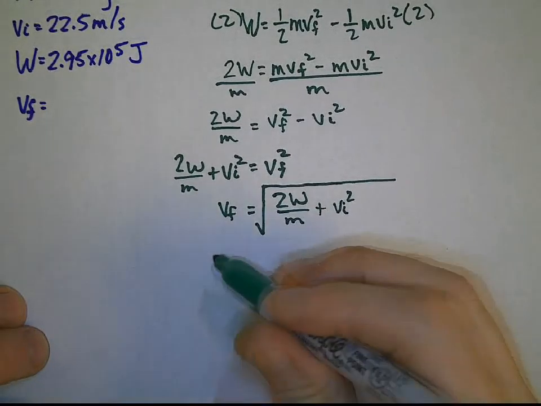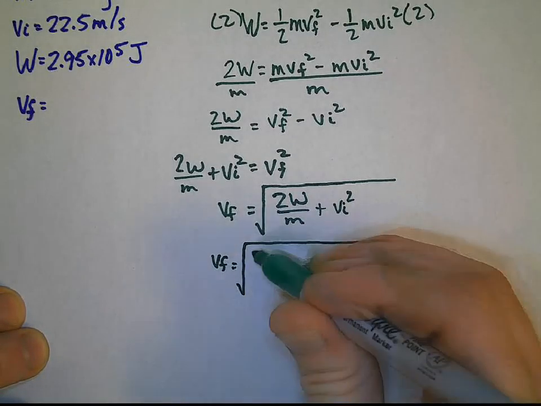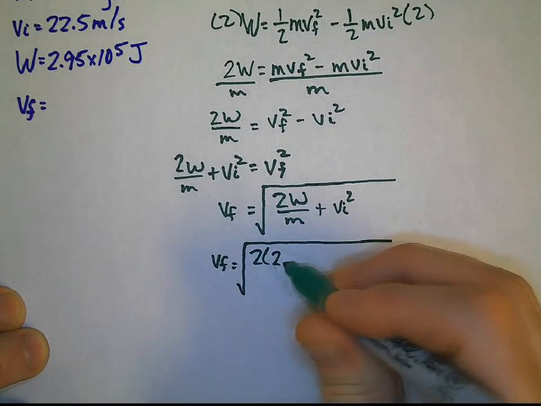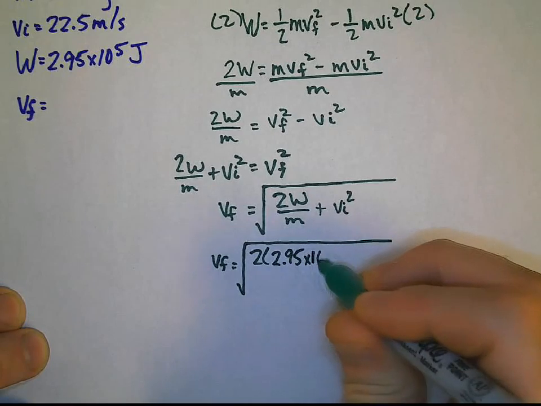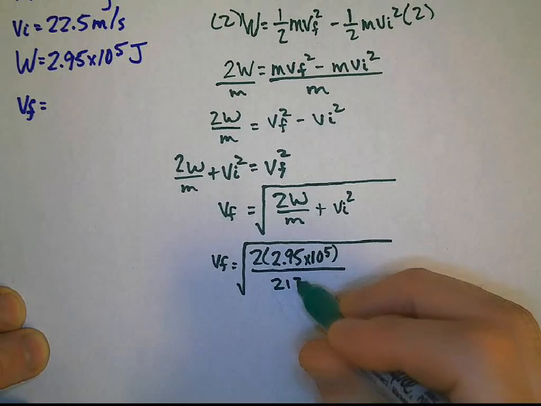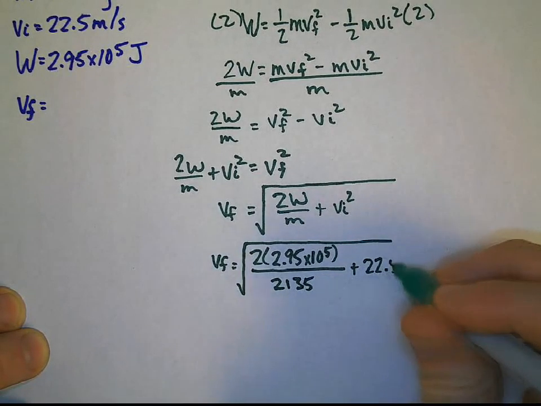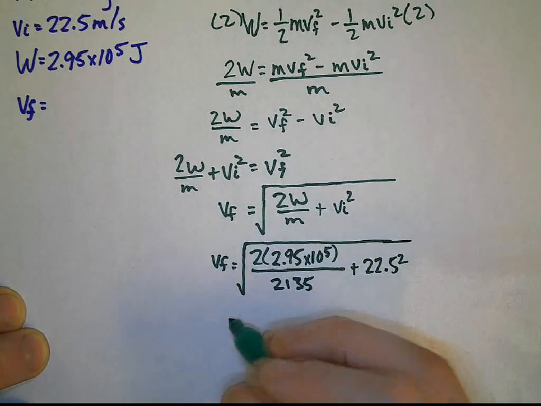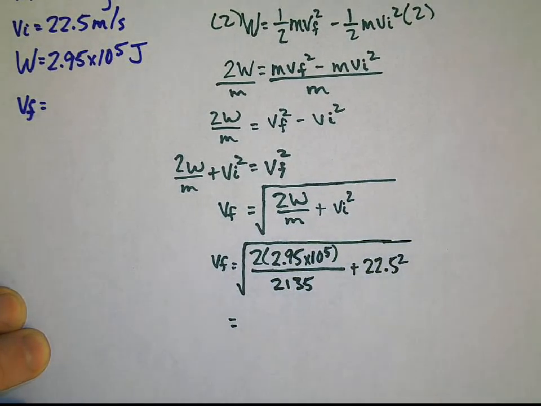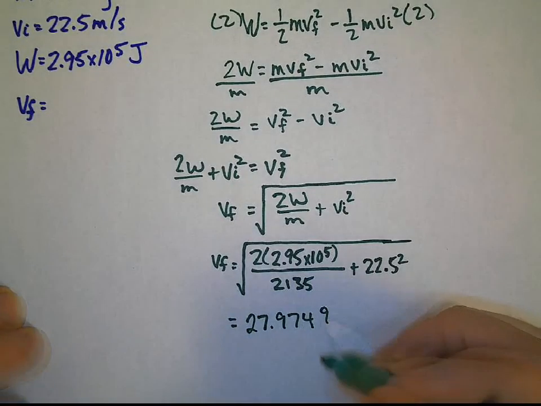So my final speed, after I substitute all of these numbers in and use a calculator to solve, we would see that my final speed would be equal to 27.9749.